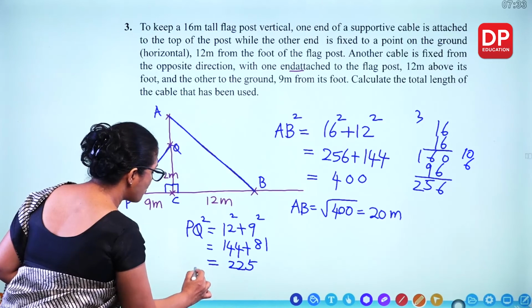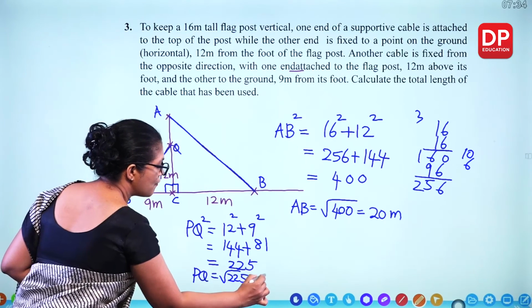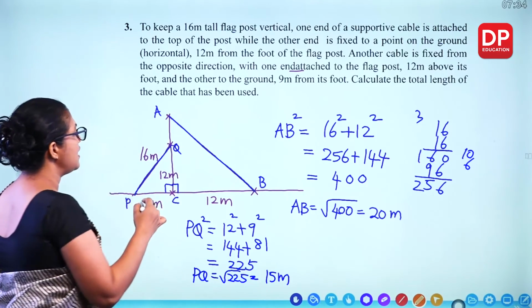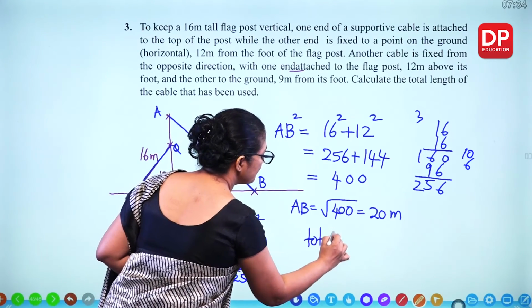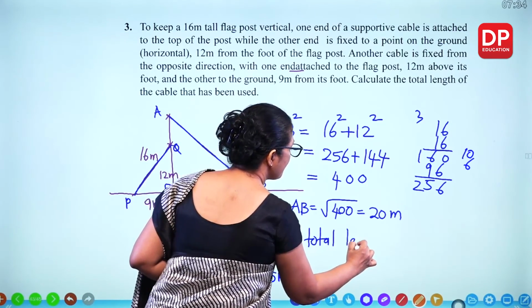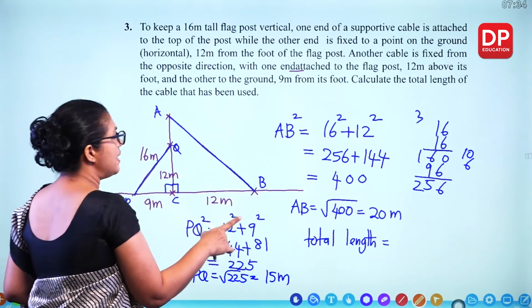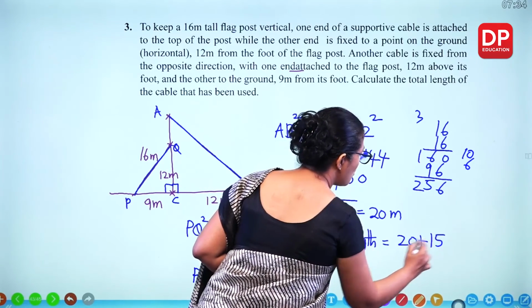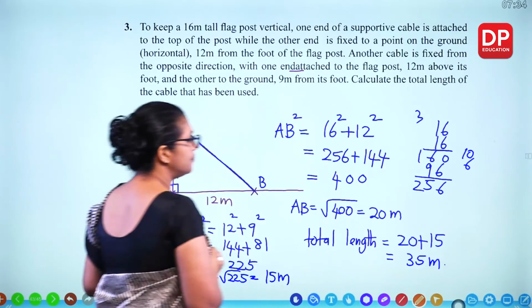What's the square root of 225? That's 15. So we found that's 15. So what's the total length? Total length is equal to AB, that's 20, plus PQ, 15. So 35 meter cable.